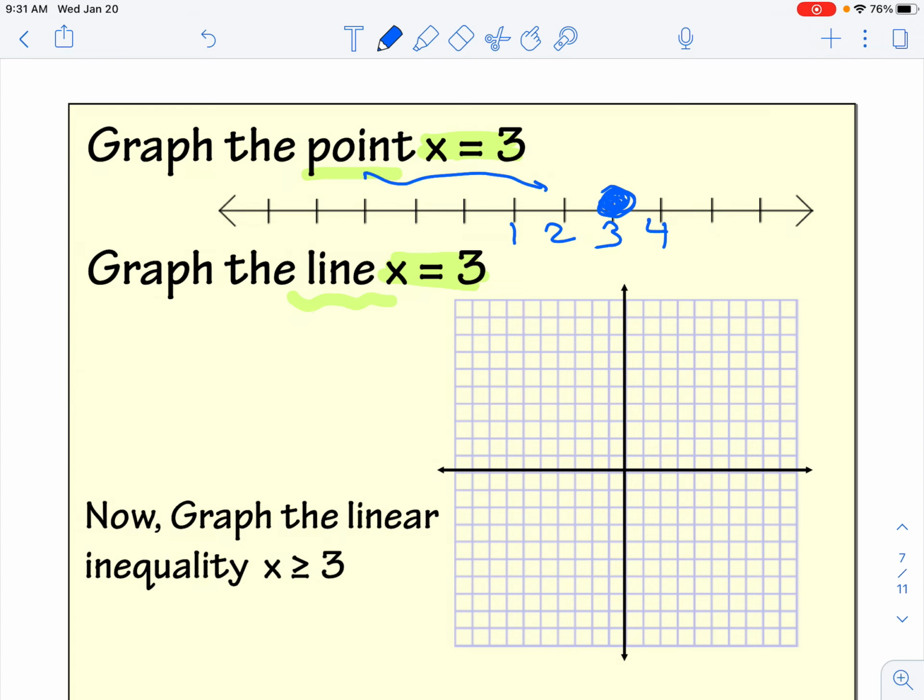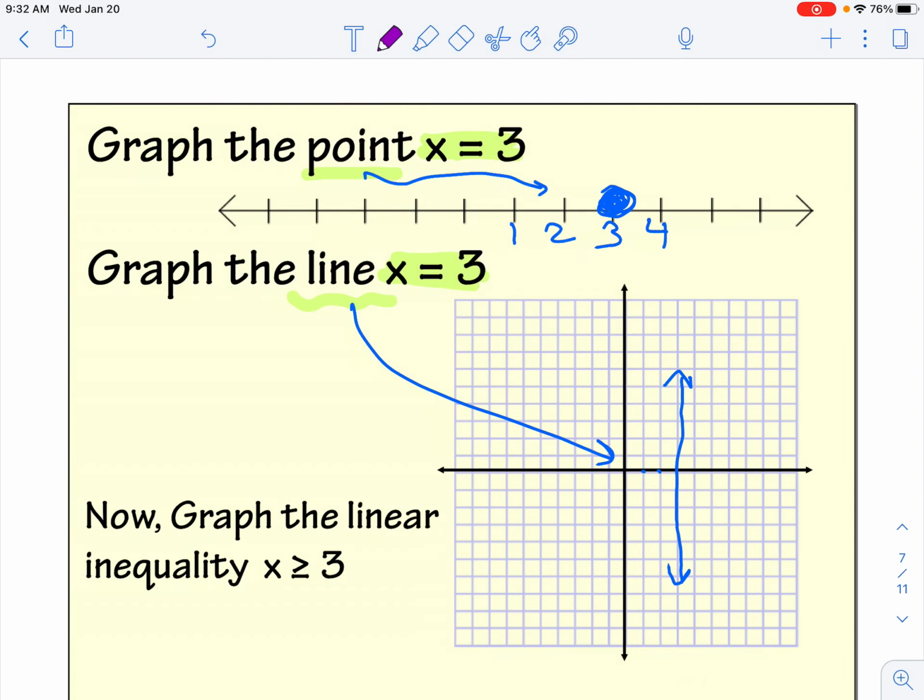That is graphing the point x equals 3. Graphing the line x equals 3 is the vertical line, 1, 2, 3, going through the x-axis at 3. So this is graphing the line x equals 3.